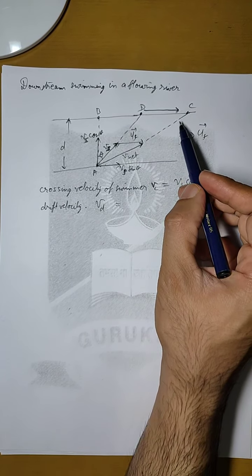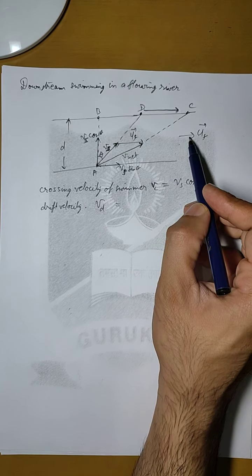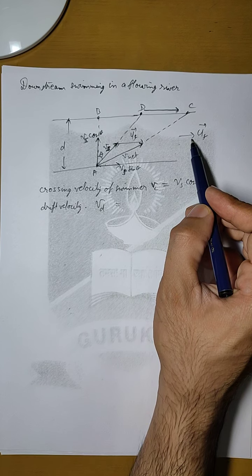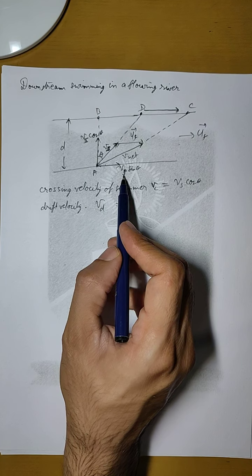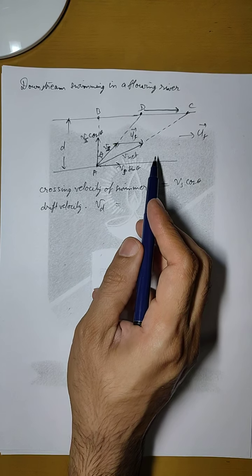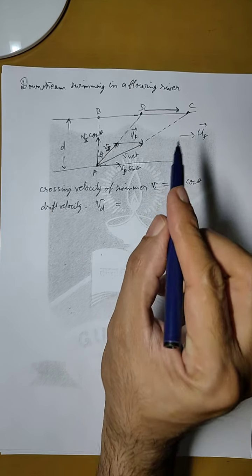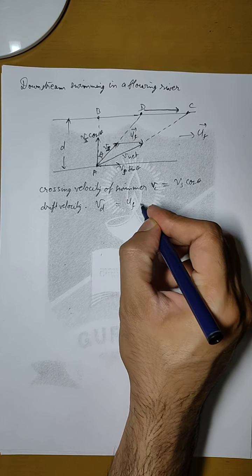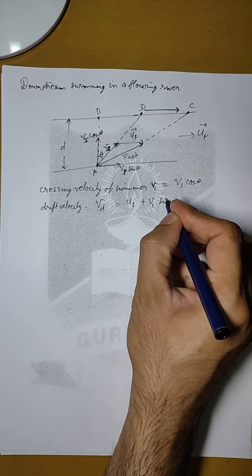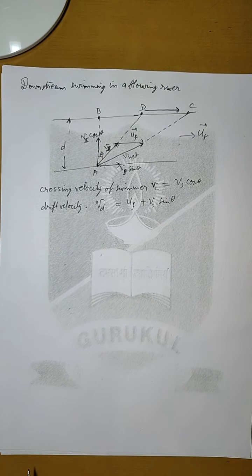What are the velocities that we have in this direction? We have certainly Uf in this direction, but we also have Vs sin theta. So the total velocity which is helping the swimmer to drift in this direction from D to C will be equal to Uf plus Vs sin theta.